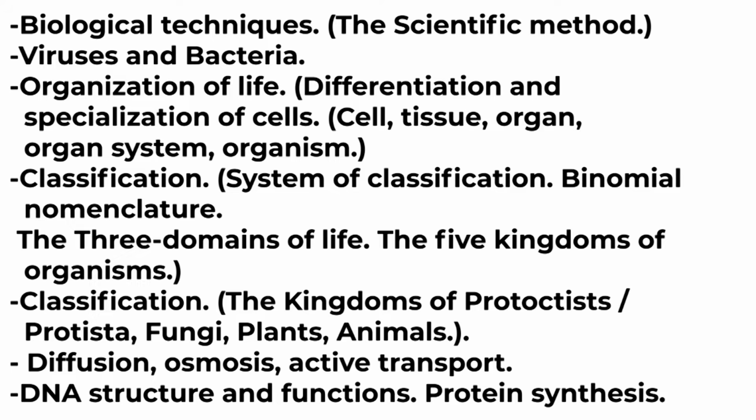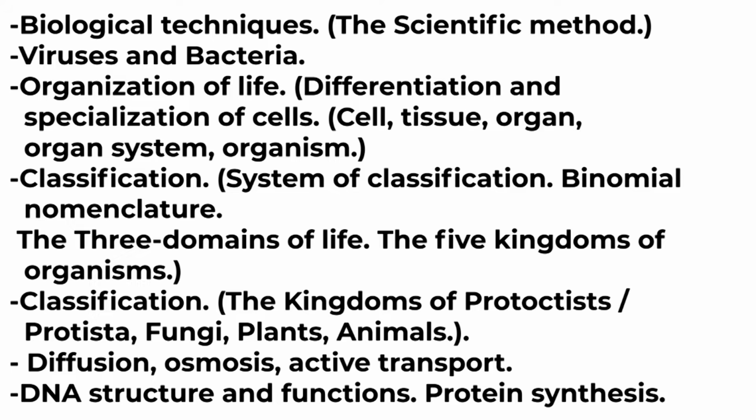Then classification, system of classification, binomial nomenclature, the 3 domains of life, the 5 kingdoms of organisms. Then we'll look at classification, the kingdoms of protists, fungi, plants, and animals.